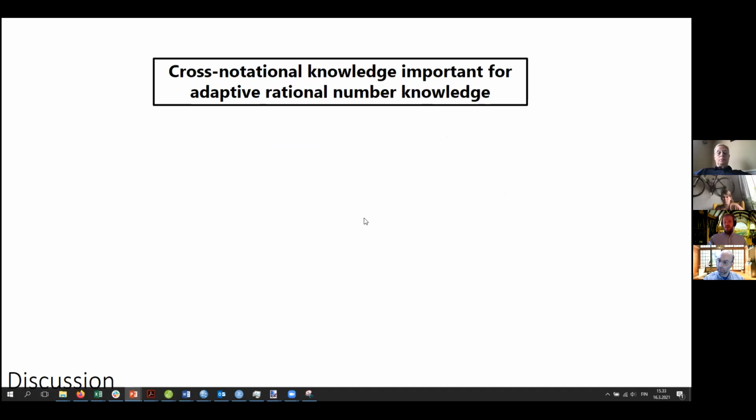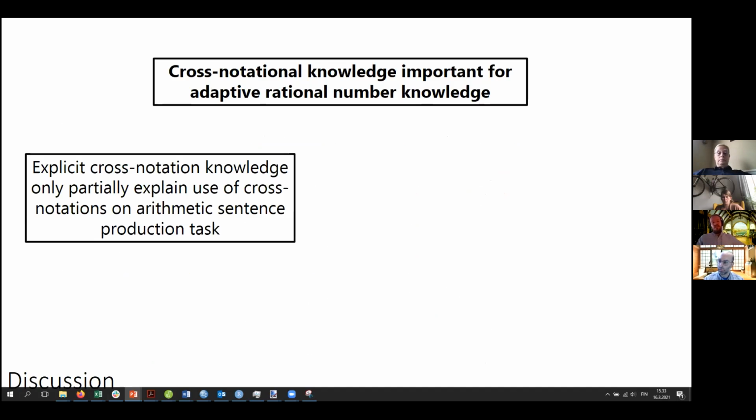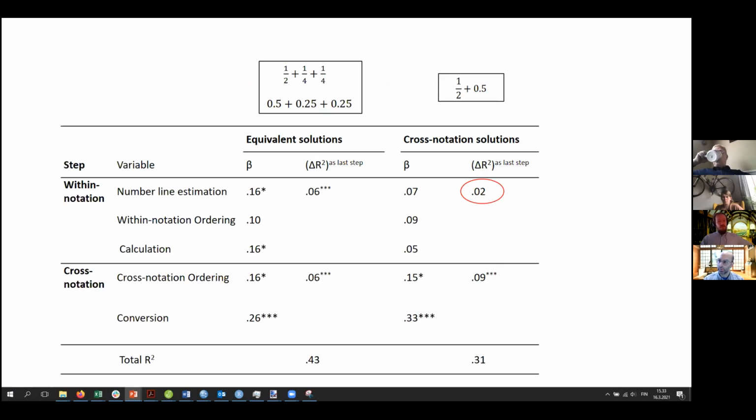So in conclusion, from previous research, our own research seems to suggest that this cross-notational knowledge might be important for adaptive rational number knowledge in general. The present study suggests that explicit cross-notation knowledge only partially explains overall. Just to point out that the total R-squared for cross-notation solutions was actually only 0.31. And considering this is 5 measures of rational number knowledge, I would say that that's lower than I would expect.